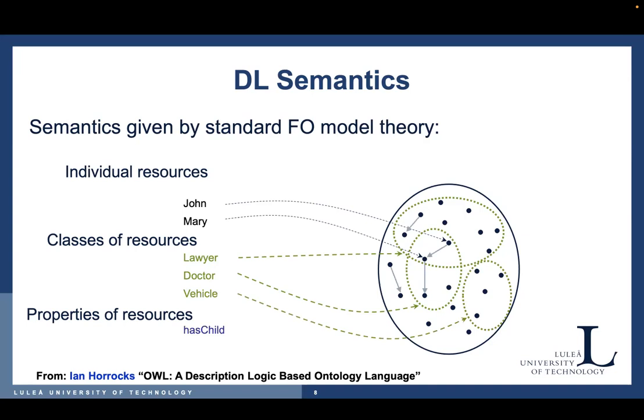Also we have relationships, and properties of resources. Again in first order logic semantics, we have the possibility to define intersections or unions of classes and such. That's what we are about to create. In a way, we want to create a language, a programmatic support, to describe all this complexity.